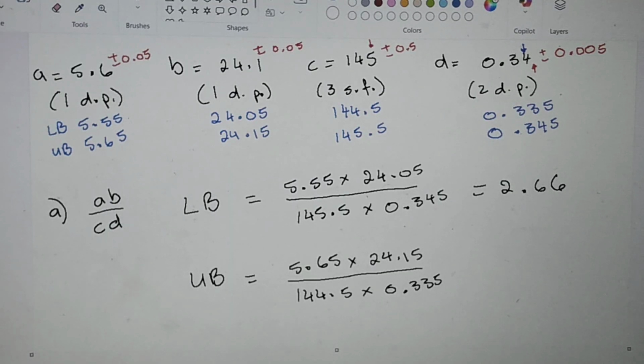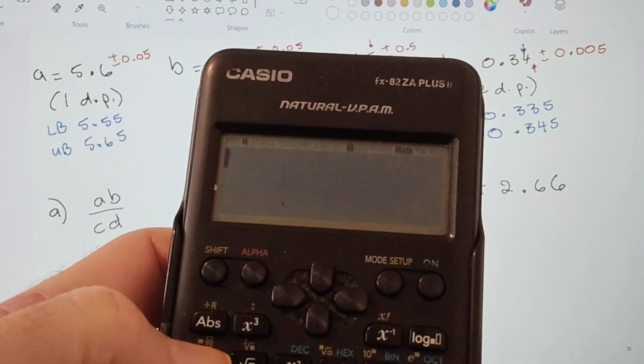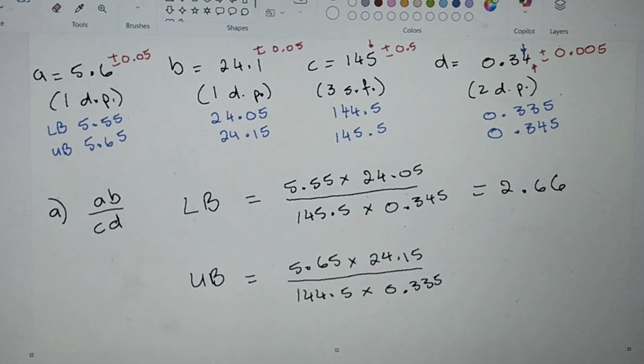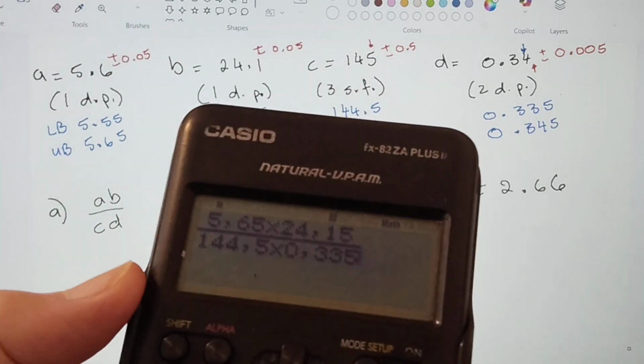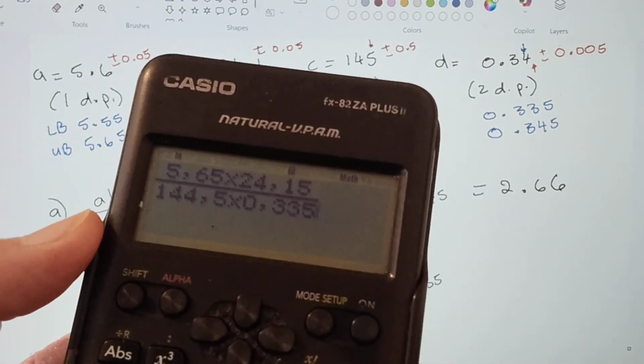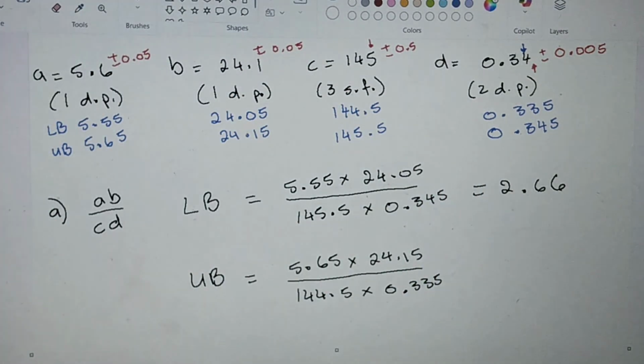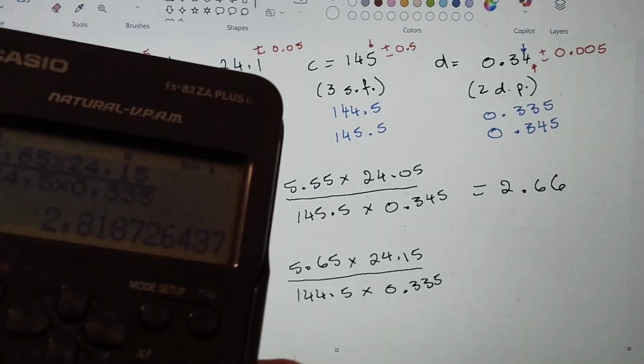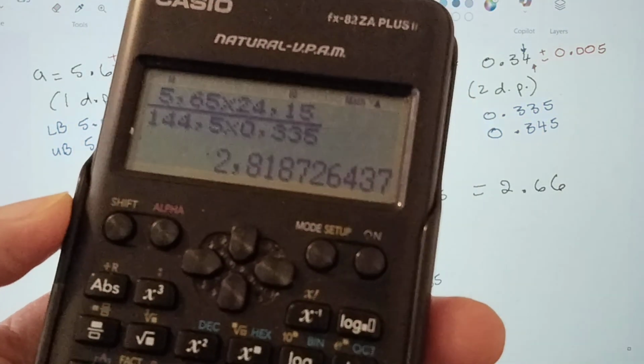So I'm just going to use my good old fraction button. I'm going to type in 5.65 times 24.15, go down to the bottom, 144.5 times 0.335. So there you can see I've put it all into the calculator exactly the way I've written it, and I get 2.818.